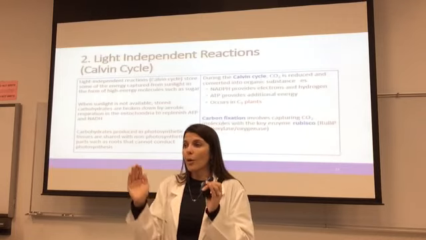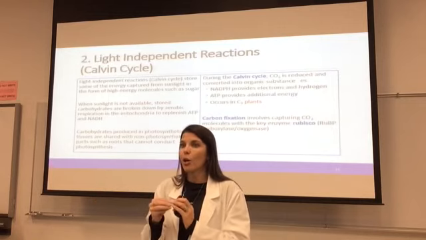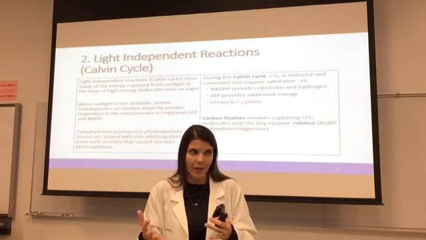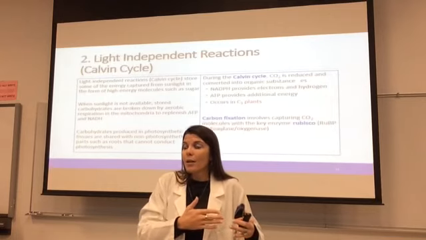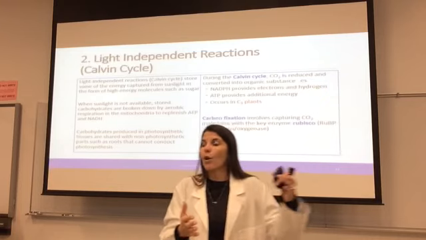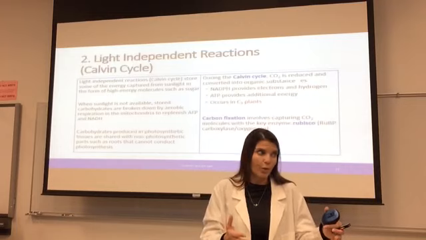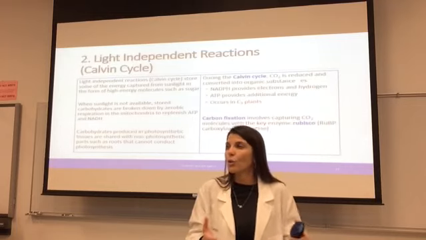So, quick summary. In the light-dependent reactions, we take photons, light energy, and we turn them into ATP, or chemical energy. And in the light-independent reactions, we're going to take carbon dioxide and reduce it into glucose.